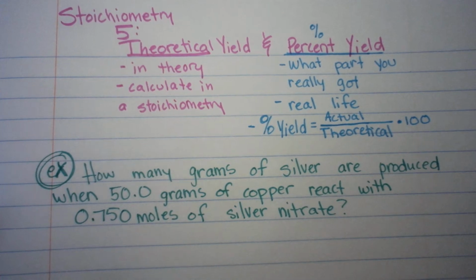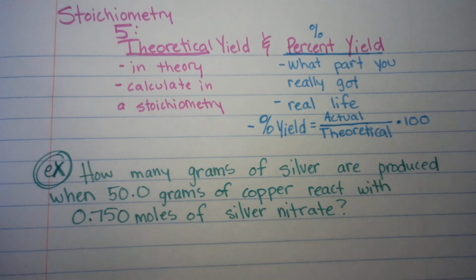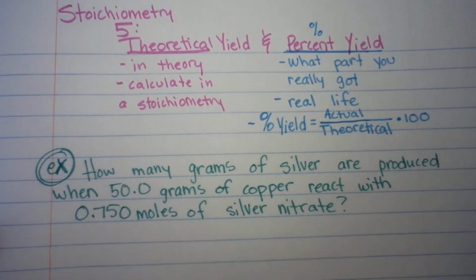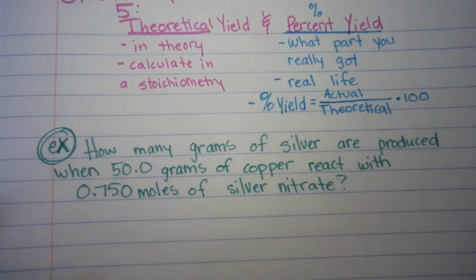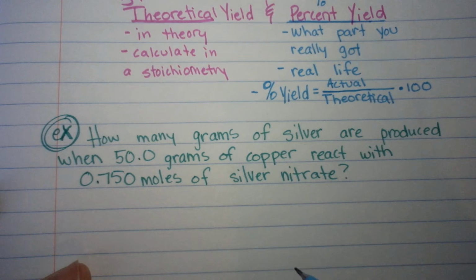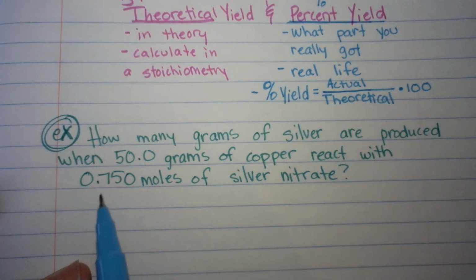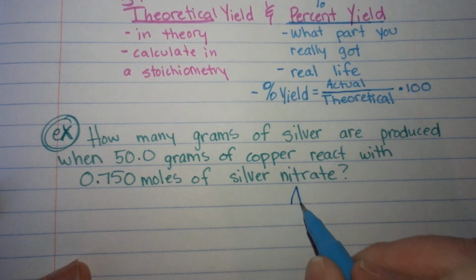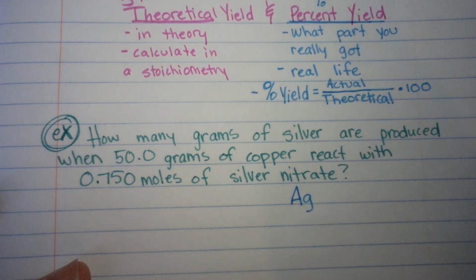Okay, so this does not look anything different than any of the other problems that you have done thus far in stoichiometry. So we're going to start out exactly the same. We're going to have a balanced chemical equation. And so with that, we look at our problem. How many grams of silver are produced? So we know that silver is going to be a product.